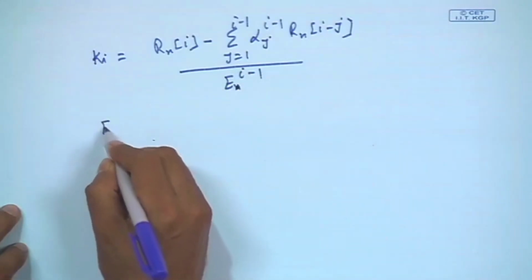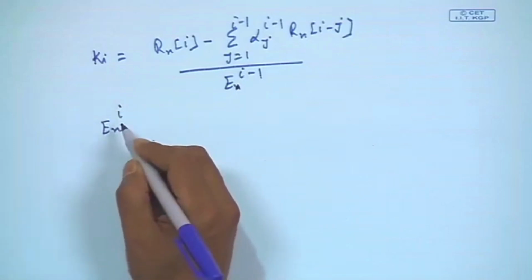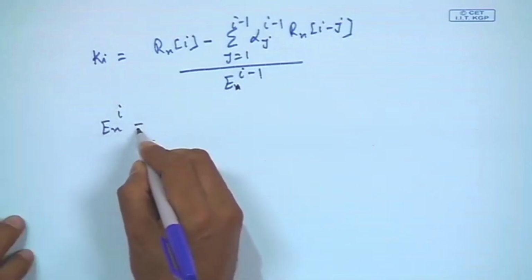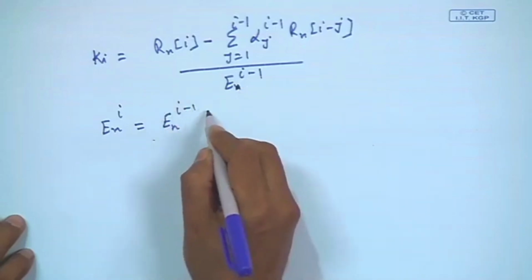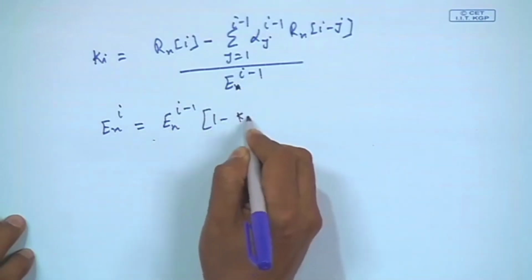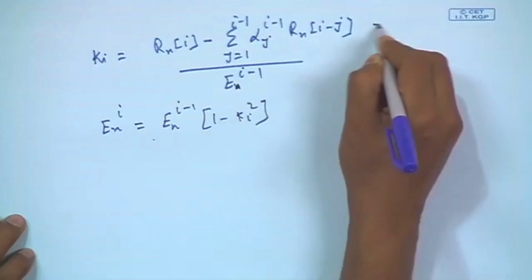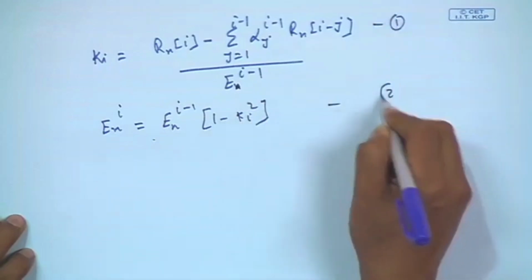What is E n I? E n I is nothing but E n I minus 1 into 1 minus k I square. So, this is equation number 1, this is equation number 2.